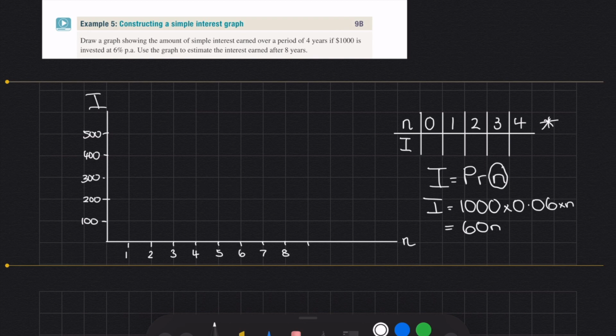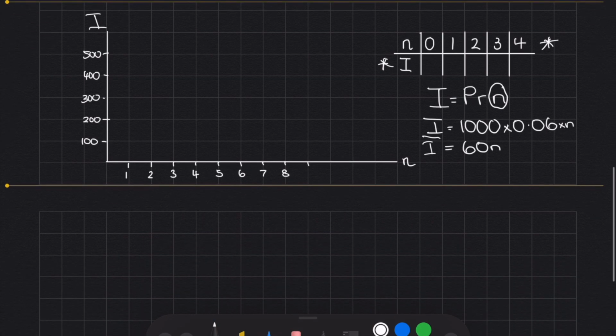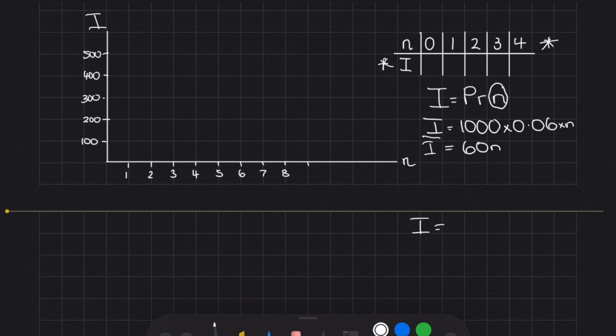To fill in this part here, we use these N values to calculate what I is. So this is I equals 60N. For the first value, we've got I equals 60 times 0, which is, as we know, 0.